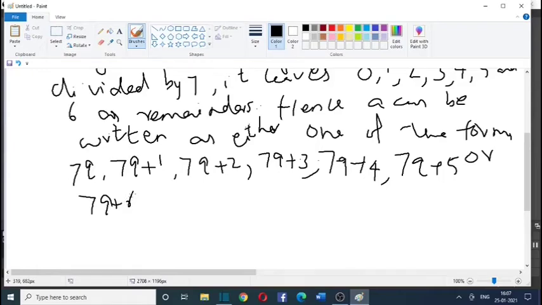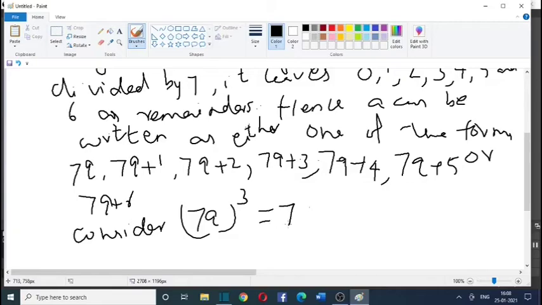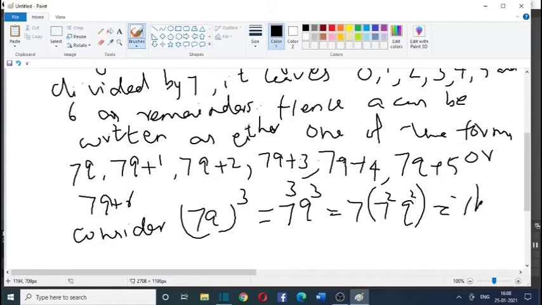Now consider the cubes. Consider (7q) all cube, which is equal to 7 cube into q cube, which is equal to 7 into 7 square q cube, which is in the form 7k.